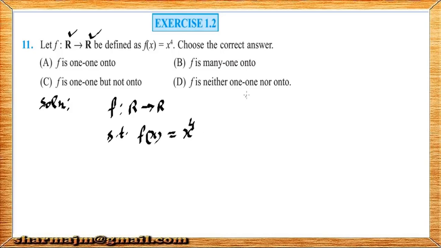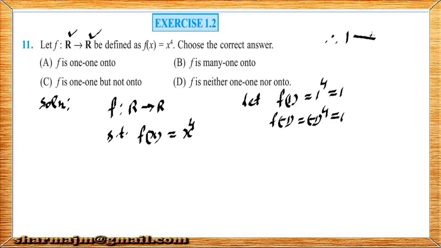Here let f of 1 is equal to 1 raised to power 4, which is 1, and f of minus 1 is minus 1 raised to power 4, that is again 1.